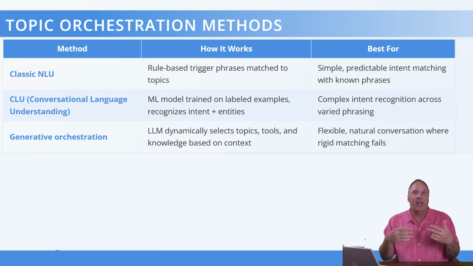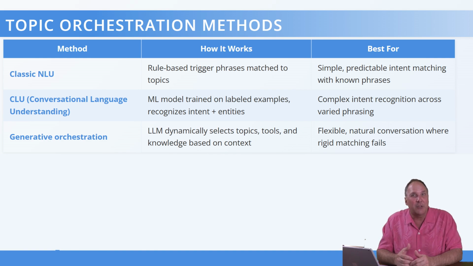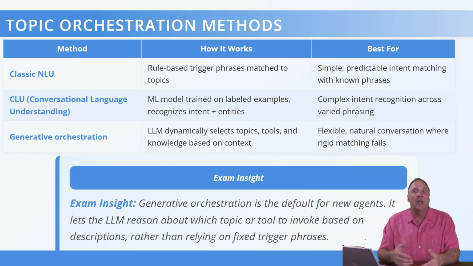If you describe your account balance topic as handles questions about checking, savings, or investment account balances, the LLM reads that description and routes the user there. Generative orchestration is the most flexible because the LLM can handle complex multi-intent messages and route dynamically. Sounds great, right? But the trade-off is that it's less predictable. You don't have an explicit trigger, and so testing and monitoring become more important.